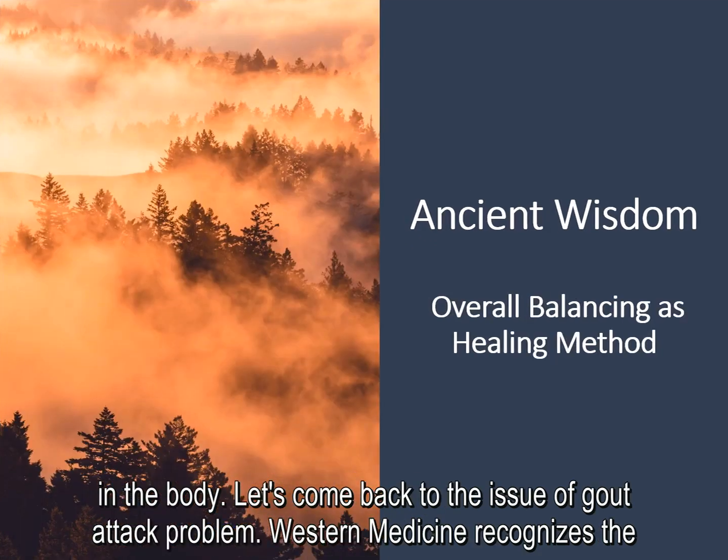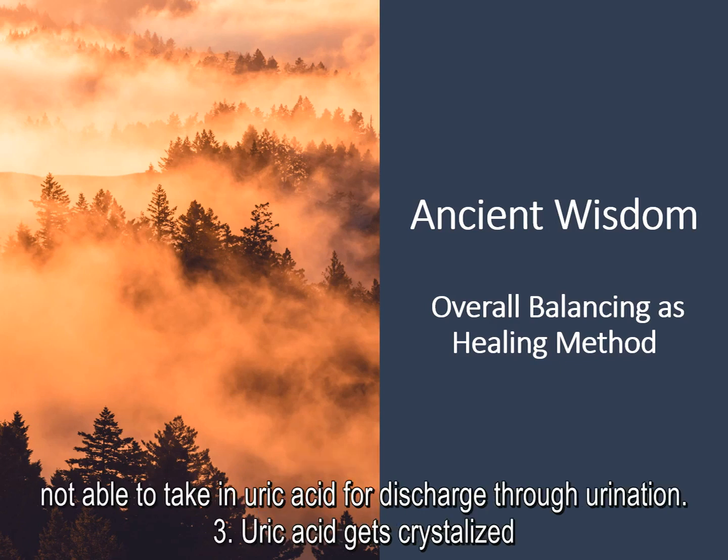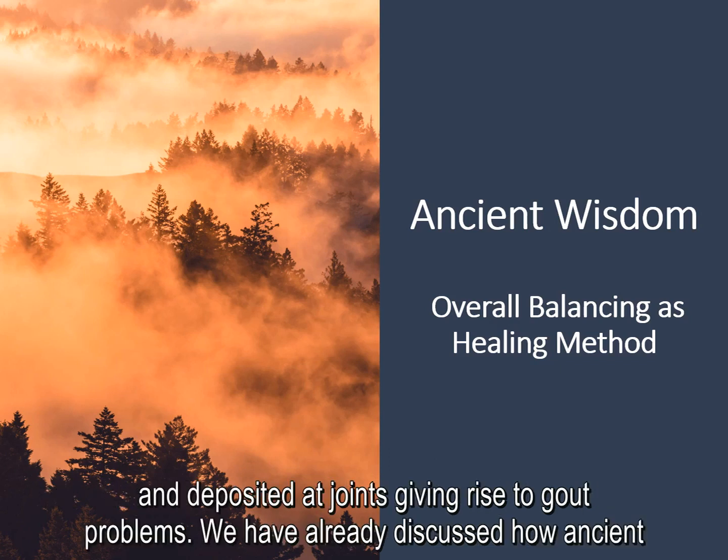Let's come back to the issue of gout attack problems. Western medicine recognizes the following. Number 1, there may be overproduction of uric acid. Number 2, the kidneys are not able to take in uric acid for discharge through urination. Number 3, uric acid gets crystallized and deposited at the joints, giving rise to gout problems.